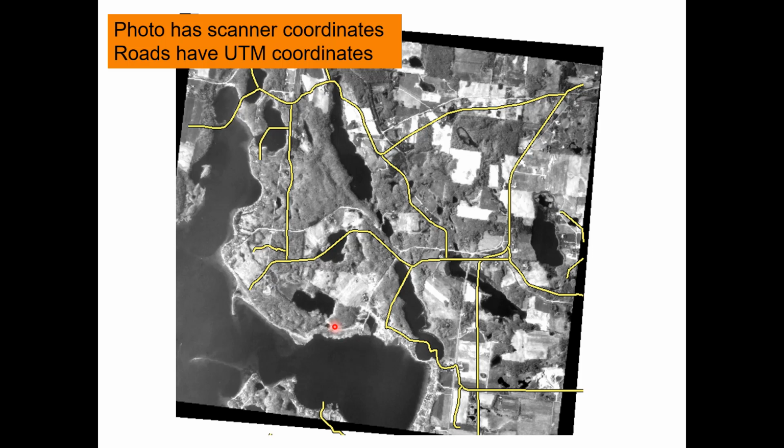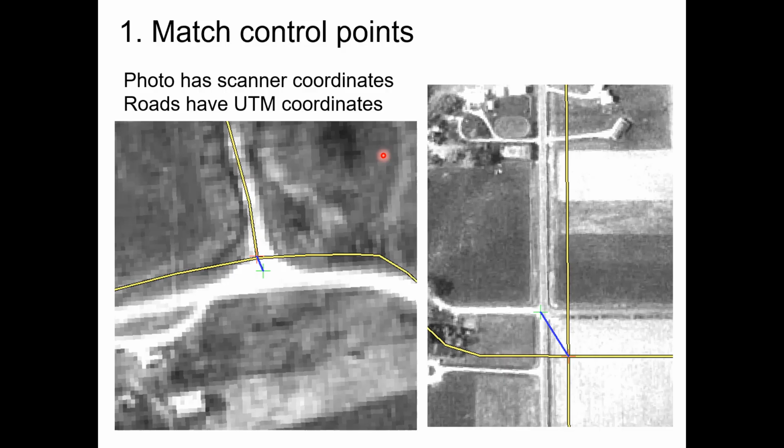And so basically, the whole process of this is essentially finding locations on the image and from this road layer and matching those together, tying or connecting those together in order to build that many different points for georeferencing to develop that transformation equation.